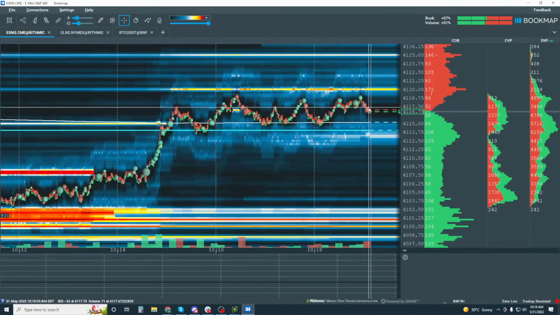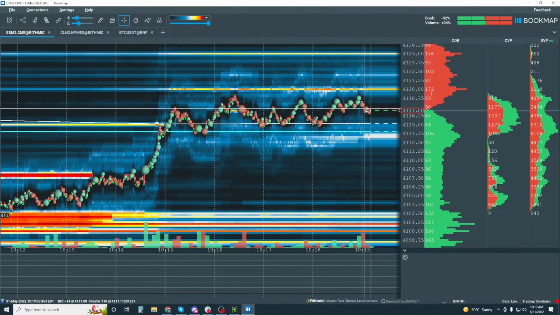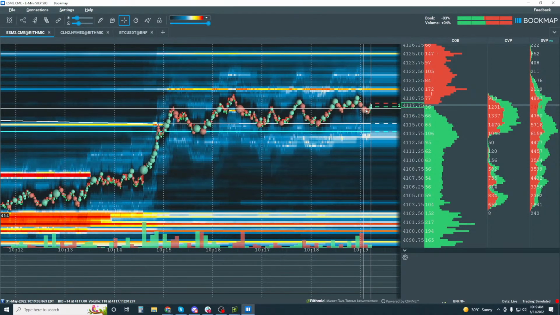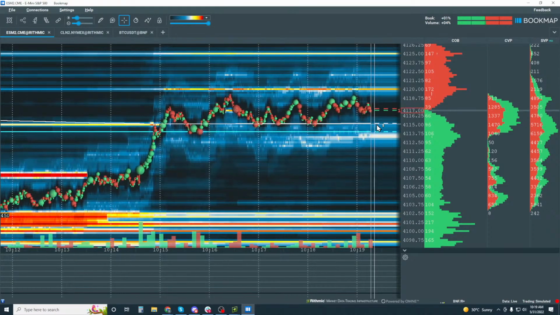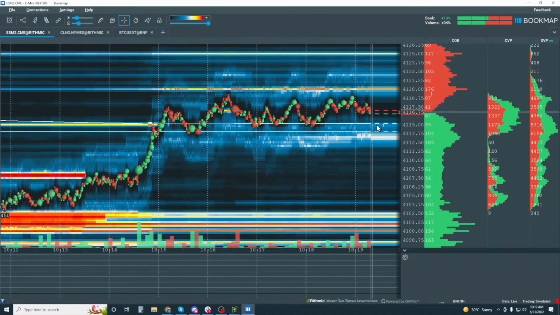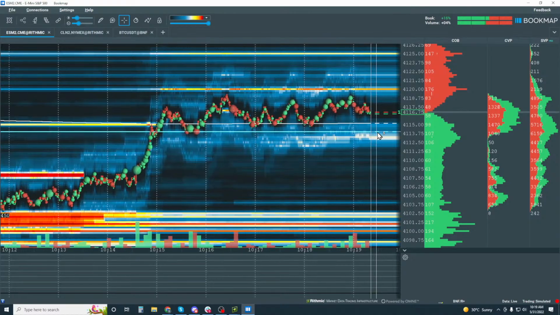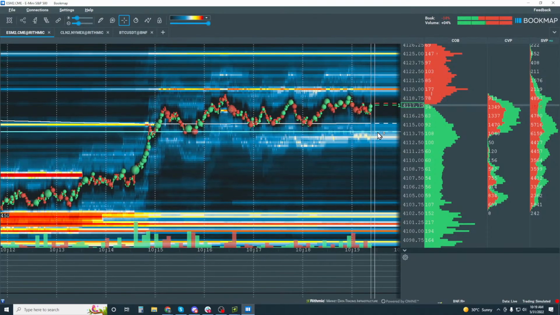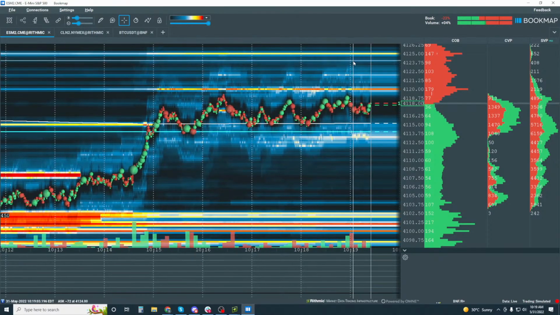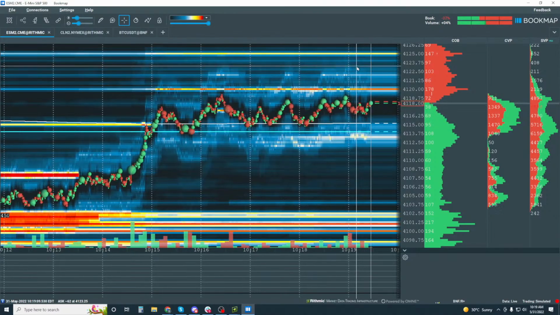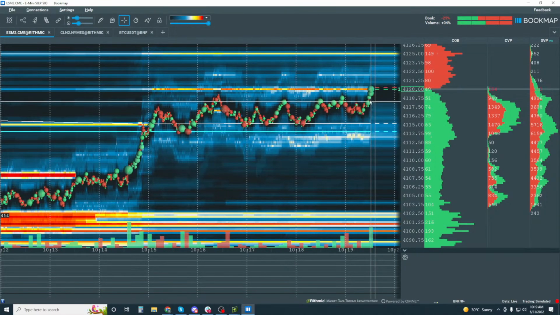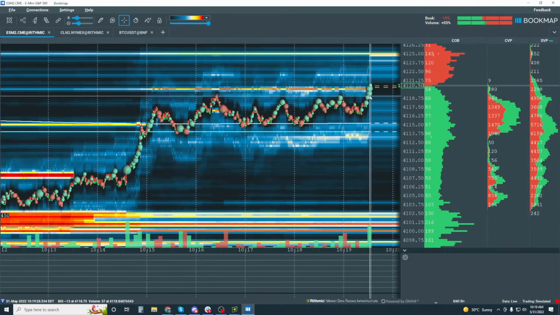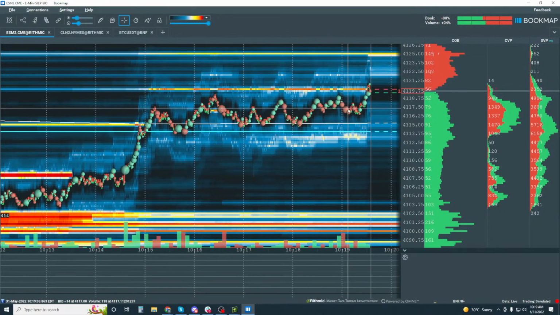So here again, it would be somewhere right around in here. And then looking for the move back down to the bottom of the range. And that's it, out at the top of the range from here to here.